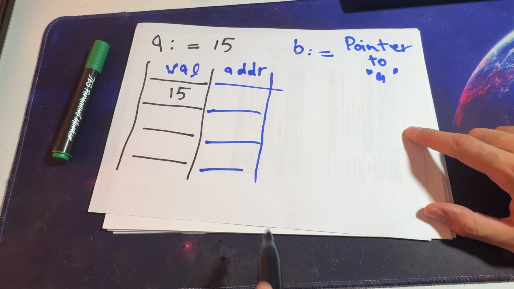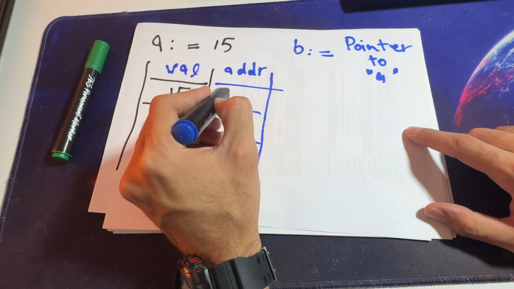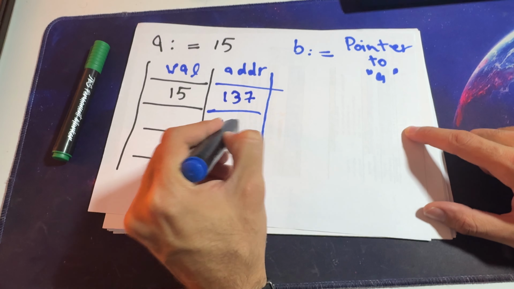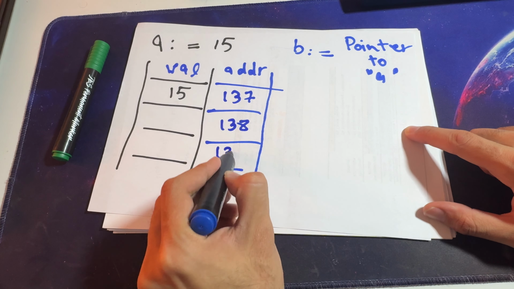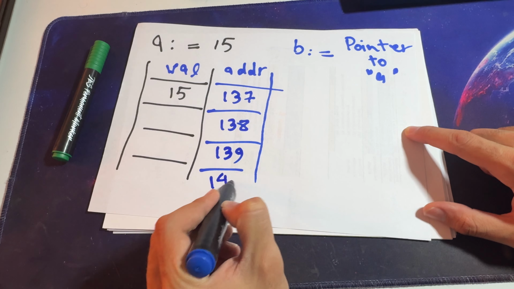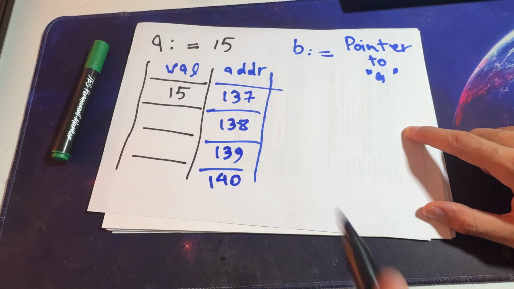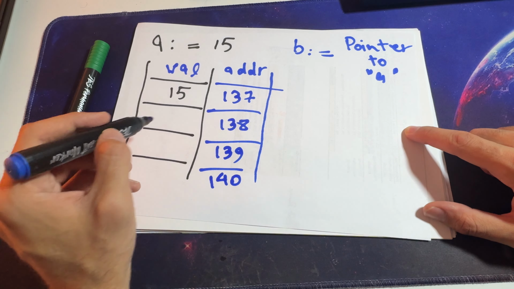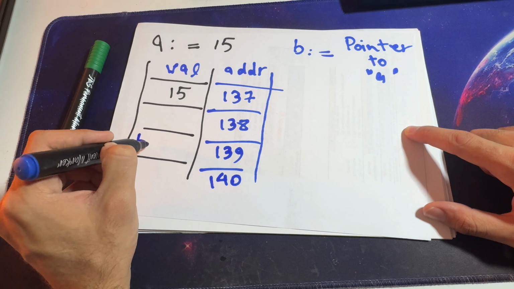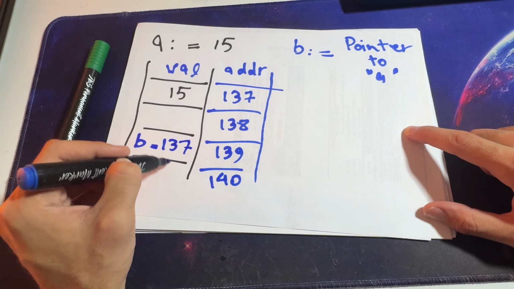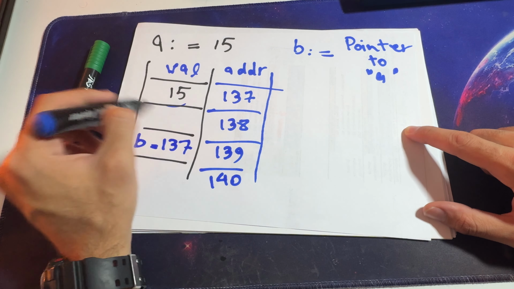Let's define some addresses for it. For example, this one is the room 137, this is 138, and this is 139, and the last 140. Well, b stays at some random place in the memory, for example here, and it is equal to 137, which is the address of a.